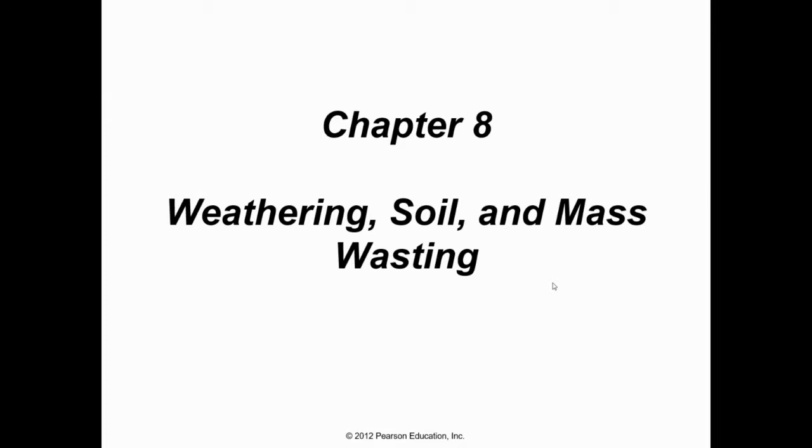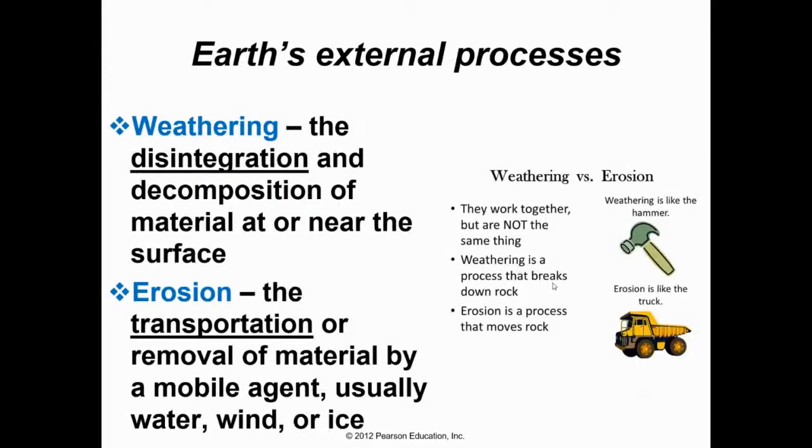So then let's go ahead and shift gears here and start looking at surface processes. So these are things that you can actually observe readily on Earth's surface, okay? So I've mentioned weathering and erosion quite a bit throughout everything that we've talked about so far.